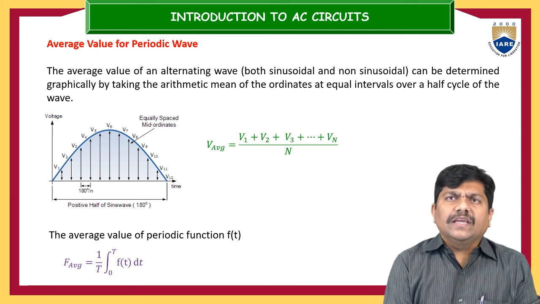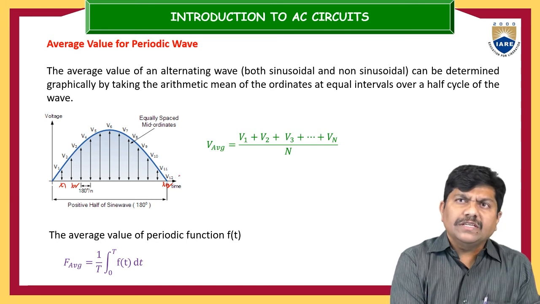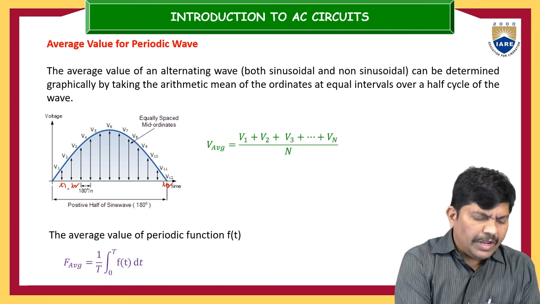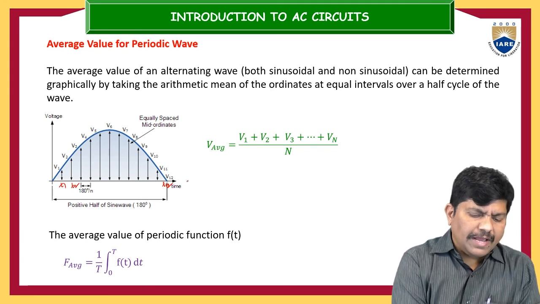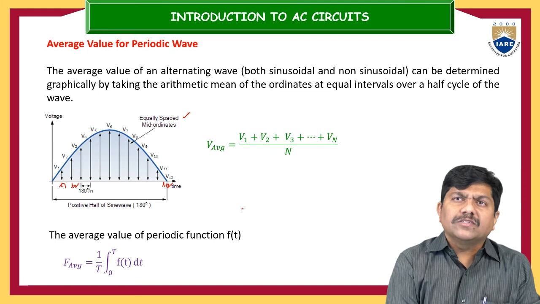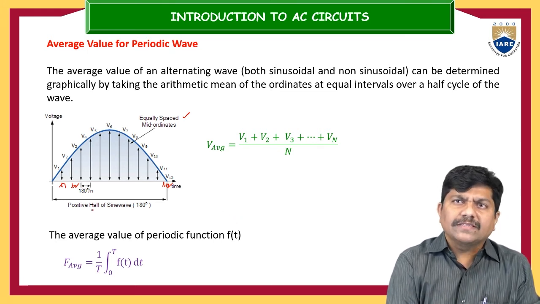How can we calculate the average value? Here, at t equal to t1 the voltage is V1, at t equal to t2 the voltage is V2, and so on, at t12 the voltage is V12. So the average value uses all the instantaneous values of the signal. We divide the time axis at equally spaced mid ordinates; you are not supposed to divide the time axis just like that.